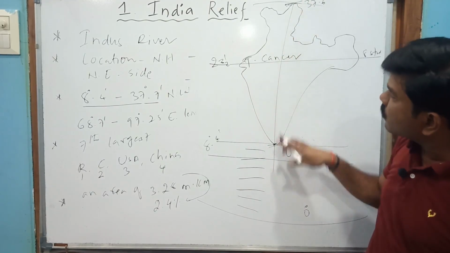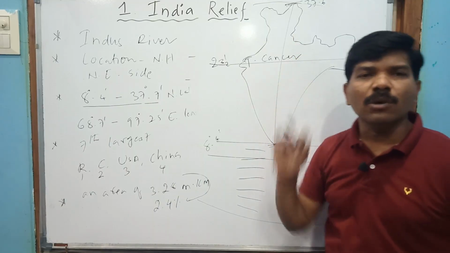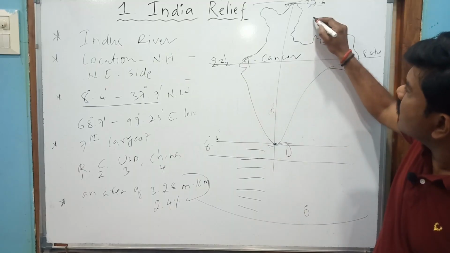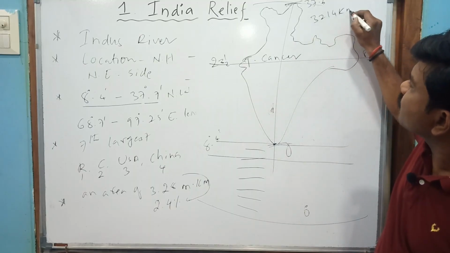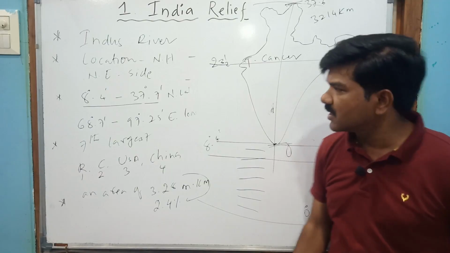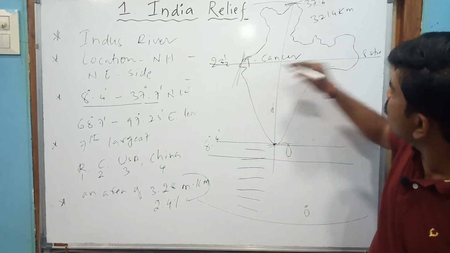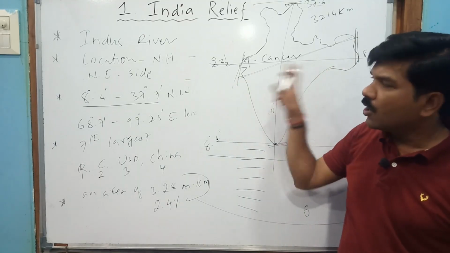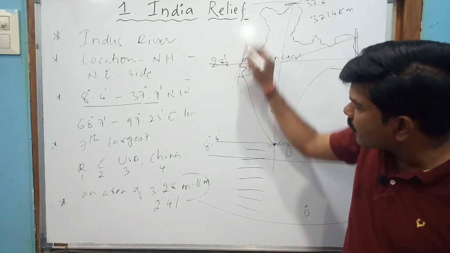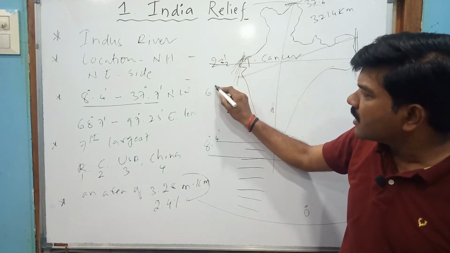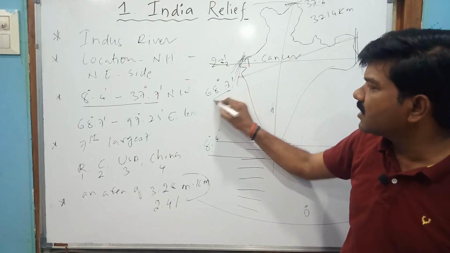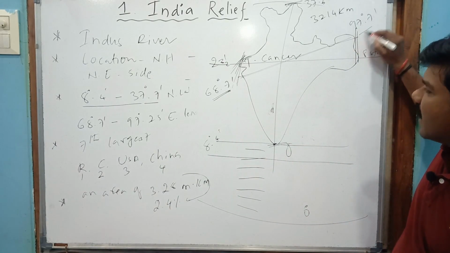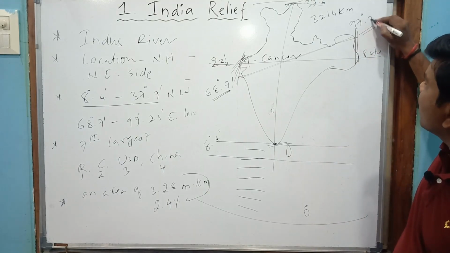The north to south distance is 3,214 kilometers. Then west to east means from Gujarat to Arunachal Pradesh. The western longitude is 68 degrees 7 minutes, and the eastern longitude is 97 degrees 25 minutes.